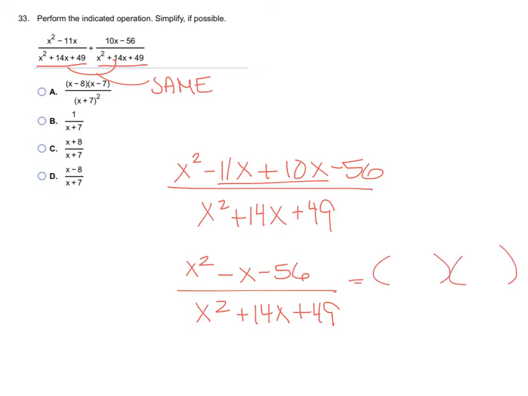So I'll factor the numerator into two sets of binomials. We'll look at the first term, which is an x squared. I know that x times x gives me x squared, so that's in my first position. Then I look at the last term, which is a 56, and I'll list the factors of 56.